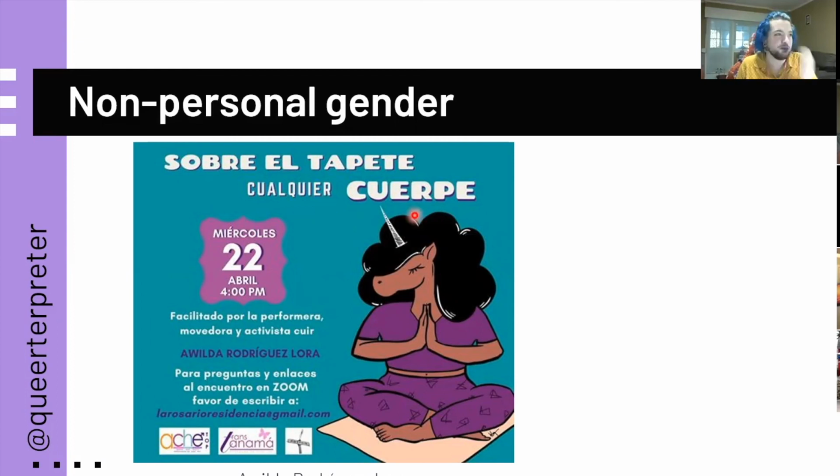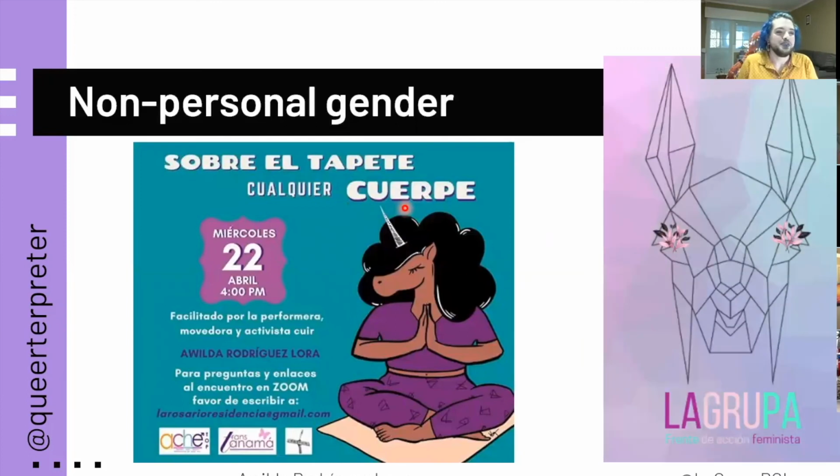But there's some groups that decide to change the grammatical gender of cuerpo in order to visibilize that it's not about men. I'm sure that they are welcome in this event, but it's not about them. And there's also been a rise of feminist groups or feminist adjacent groups that are using grupa instead of grupo, even though, again, groups don't have gender, groups don't care about their gender, but grupo would be generally masculine.